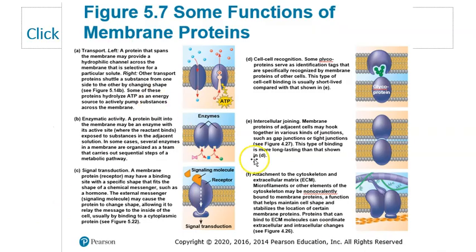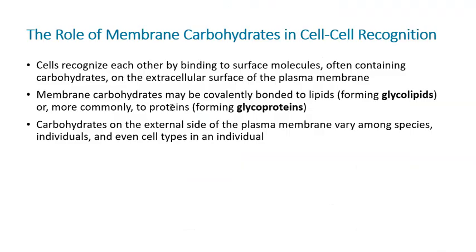And here's the 6 in picture form and a little bit more explanation. Cells recognize each other by binding to surface molecules. So membrane carbohydrates may be bound to a lipid, therefore forming a glycolipid, or to a protein, forming a glycoprotein. Carbohydrates can vary between species and also even individuals, in some cases even within an individual's own cells.